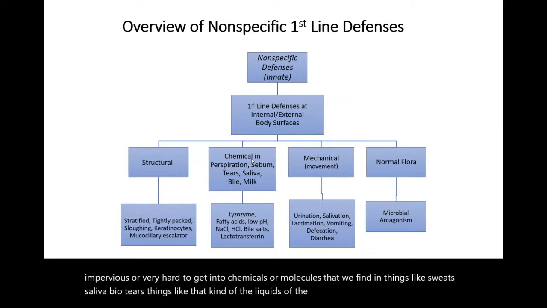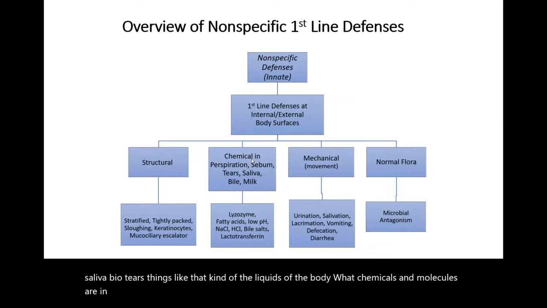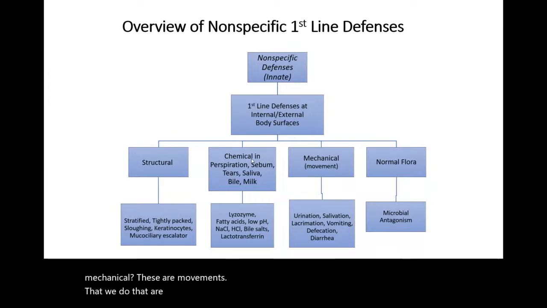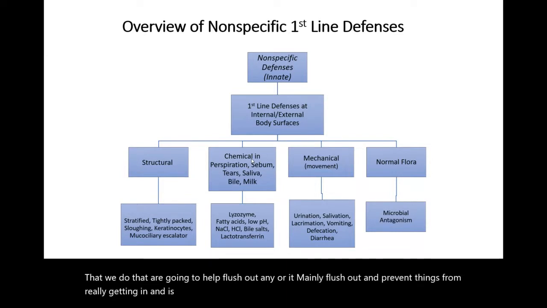What chemicals and molecules are in there that help prevent pathogens from successfully invading the body. Mechanical, these are movements that we do that are going to help flush out, or mainly flush out and prevent things from really getting in and colonizing the body.